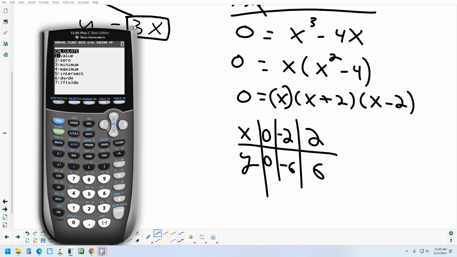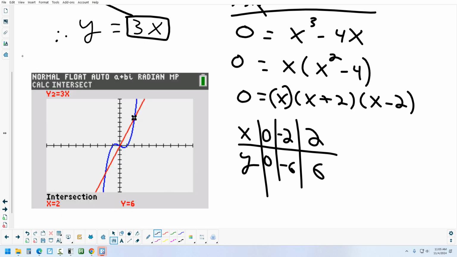Let's do second calc intersect. Now, as I find them, is the guess important? Yes, because there's 3 of them, so it's going to give me the one that I put the guess closer to. I'm doing the one in the upper right, which gave me the 0.26. You'd have to do that 2 more times to get your other answers.